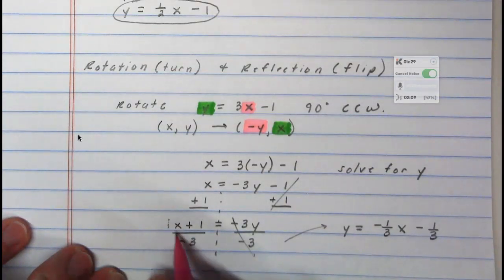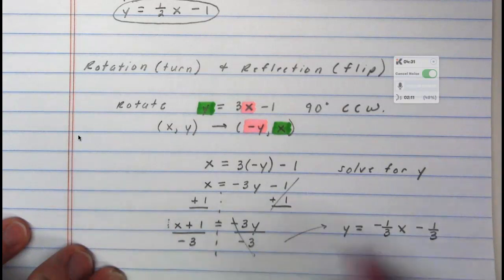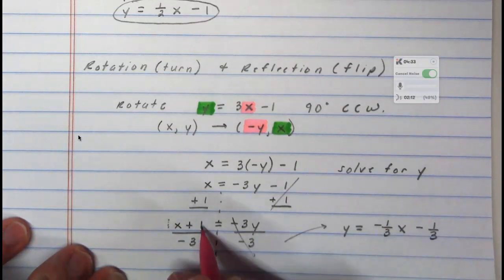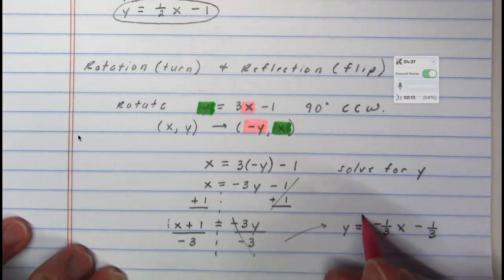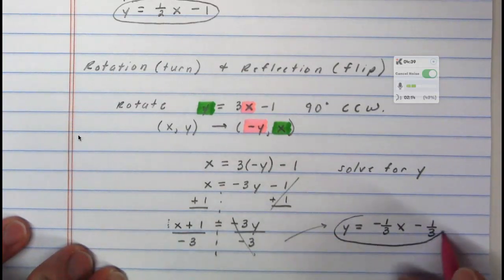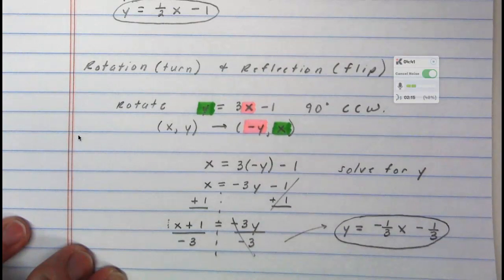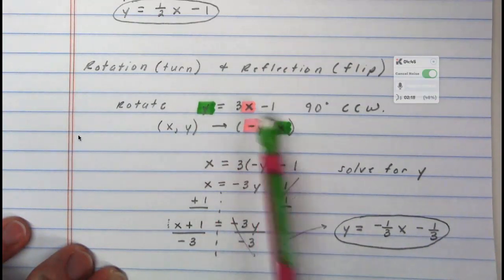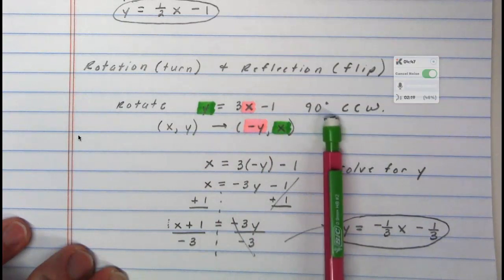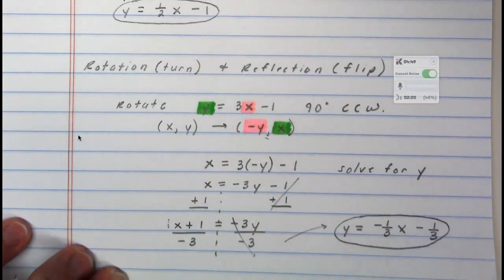So 1 divided by negative 3 is negative 1/3. So this now is our new equation of a line that takes this and rotates it 90 degrees counterclockwise.